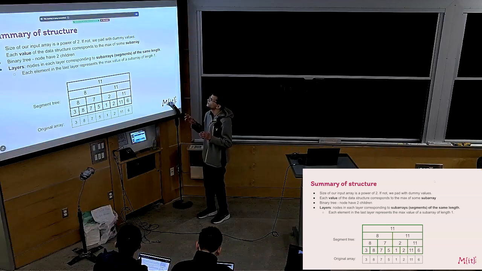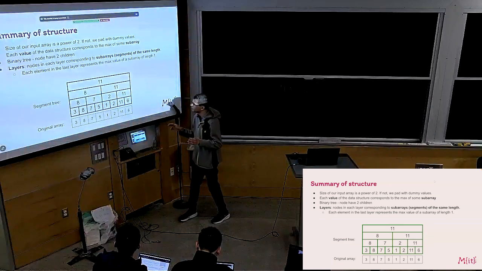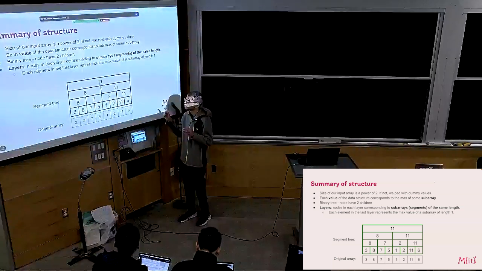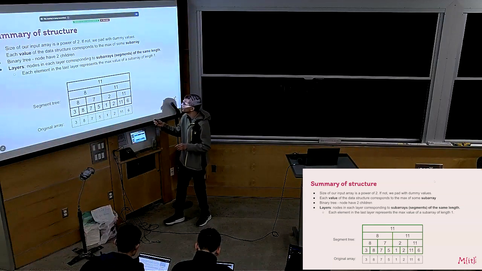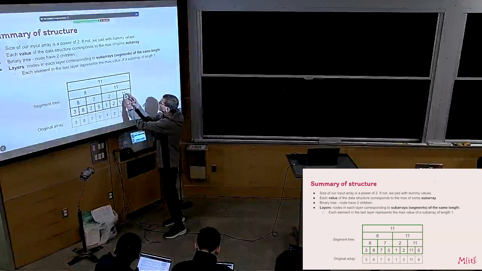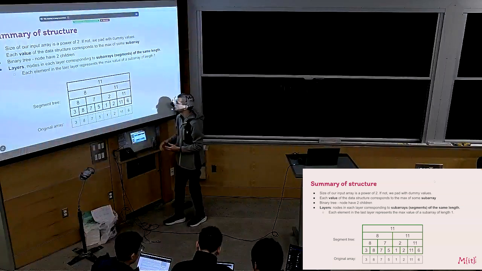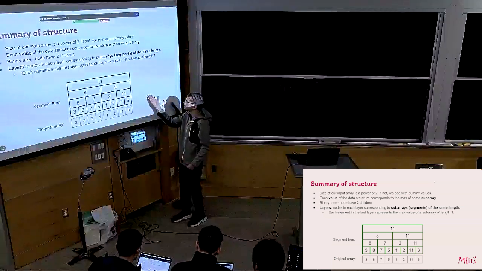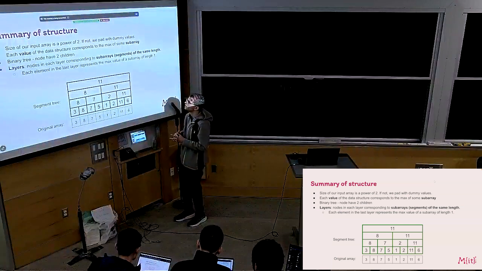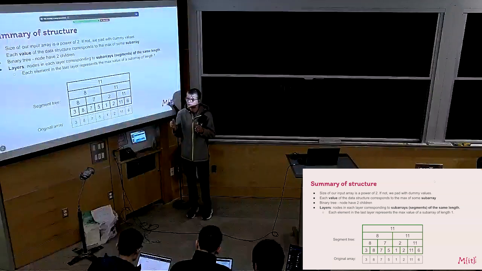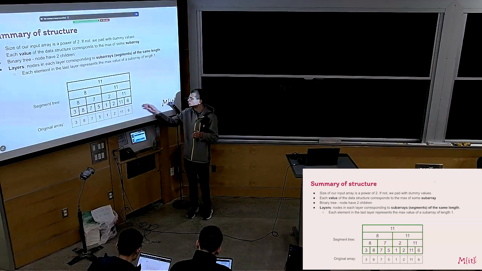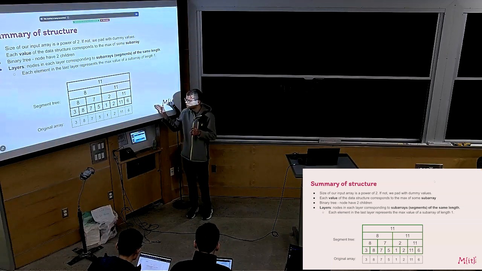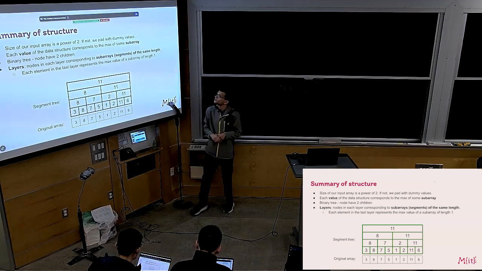The first thing is we want to make sure that the size of the input array is always a power of 2, because at every layer we halve the number of blocks. If at some point the number of blocks is not even, then we cannot split it nicely. So generally, it is most convenient to pad the array to a size that's a power of 2, for example, by putting in dummy 0 values or something.